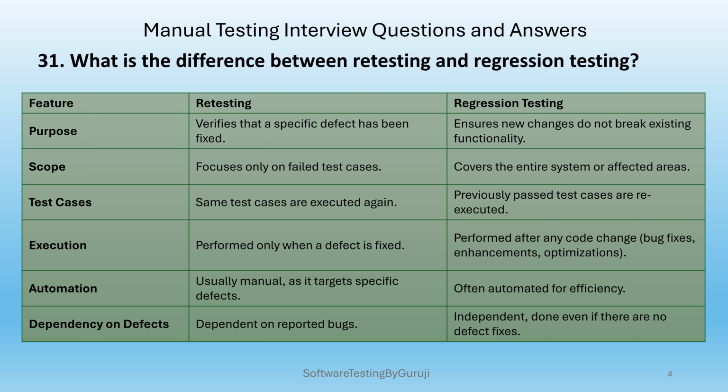Regression testing automation is often automated for frequent efficiency. Retesting dependency on defects: depends on the reported bug. Regression testing dependency on defects: independent, done even if there are no defect fixes. So this is the difference between retesting and regression testing. Let's move to another question.